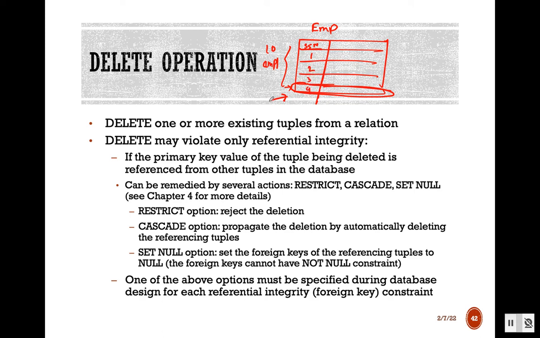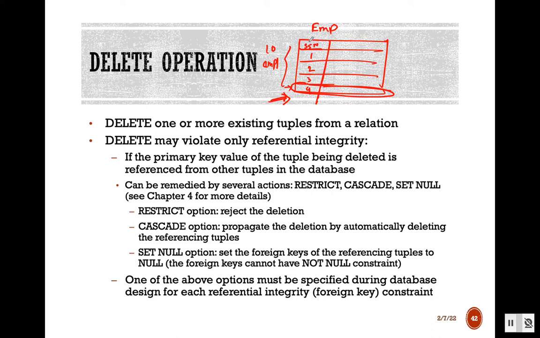Let's say I'm deleting the employee with SSN 4. By deletion, is it possible that it can create a duplicate value for our primary key? It's not possible.